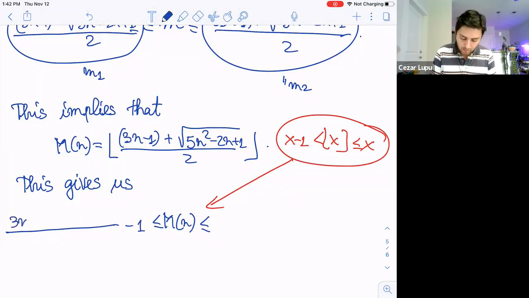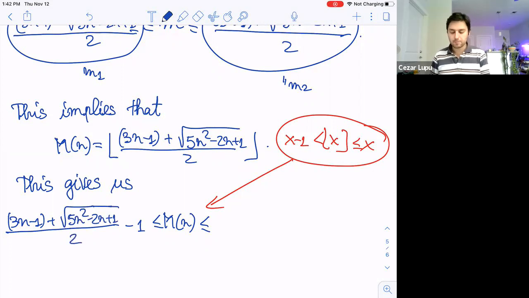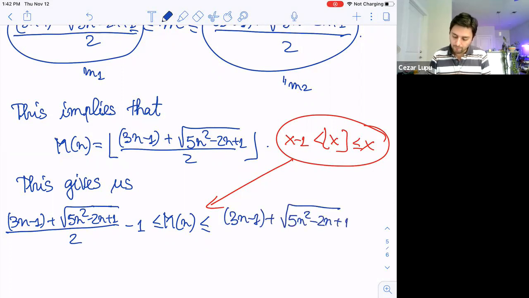So it will be 3n minus 1 plus the square root of 5n squared minus 2n plus 1, over 2, and less or equal than the same thing, 3n minus 1 plus the square root of 5n squared minus 2n plus 1 over 2.